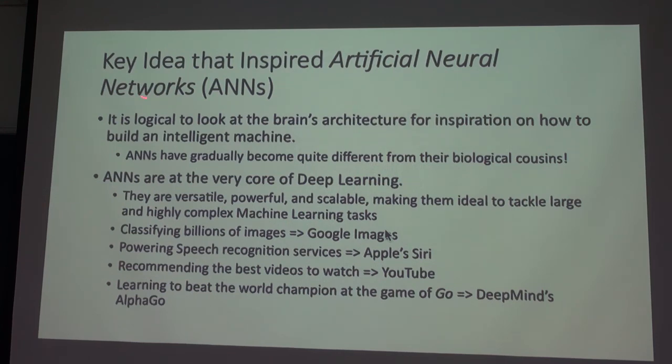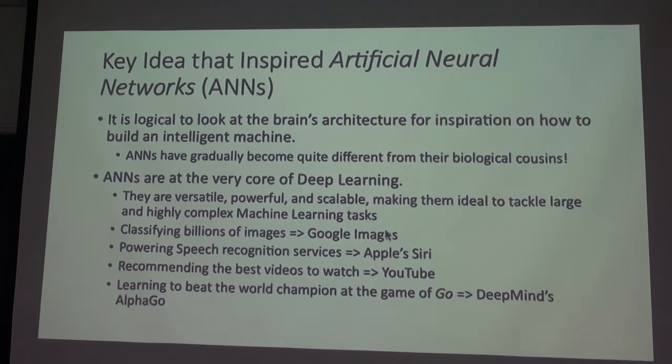Here, really the key idea that inspires artificial neural networks is the brain architecture. Because we want to create intelligence, right? AI, we want to create artificial intelligence. It's very natural to look at our own brain, because supposedly humans have intelligence, right?